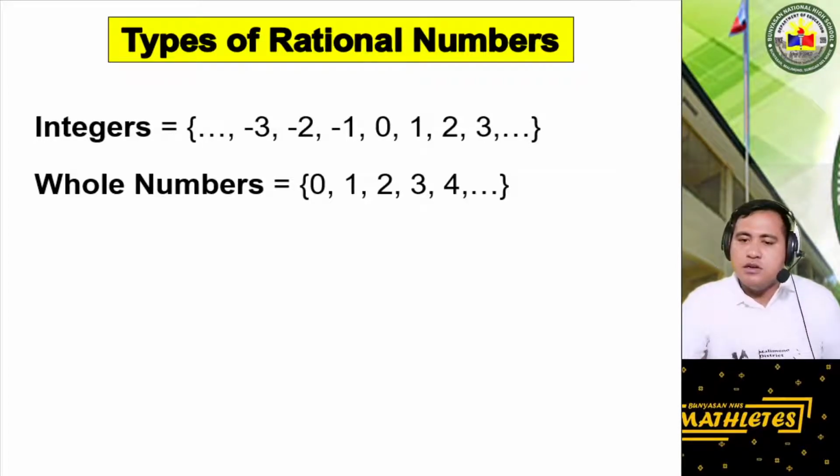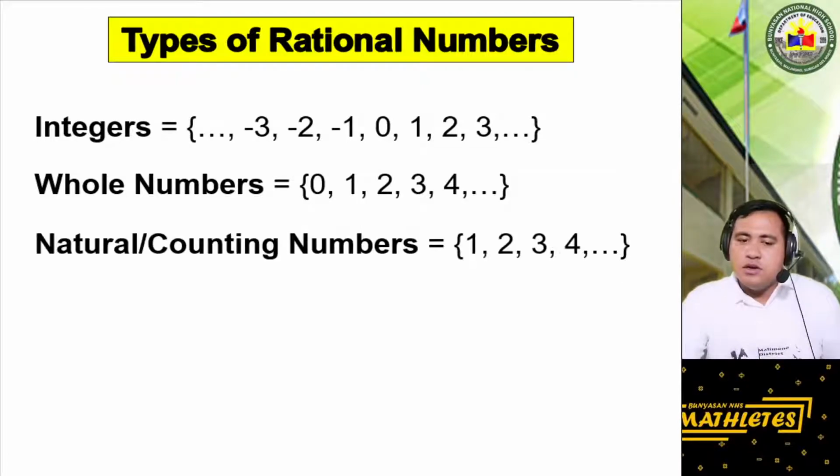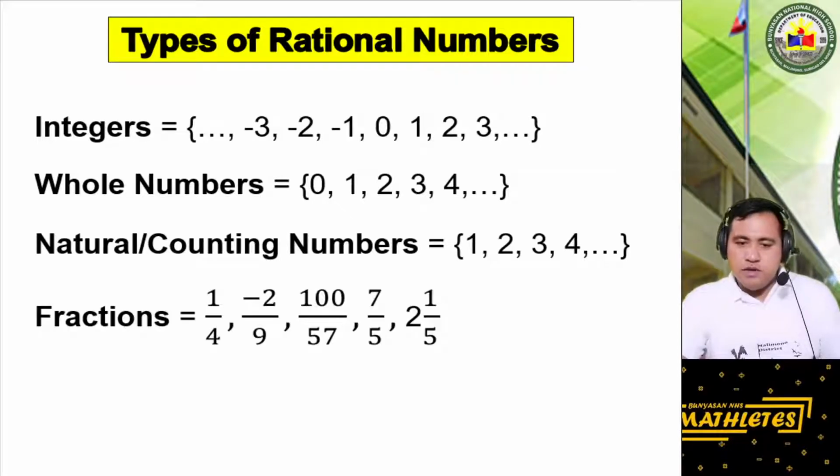Next is the natural or counting numbers, which start with 1, 2, 3, 4, and so on and so forth. Another is the fraction. We can have 1/4, negative 2 over 9, 100 over 57, 7 over 5, 2 and 1/5.